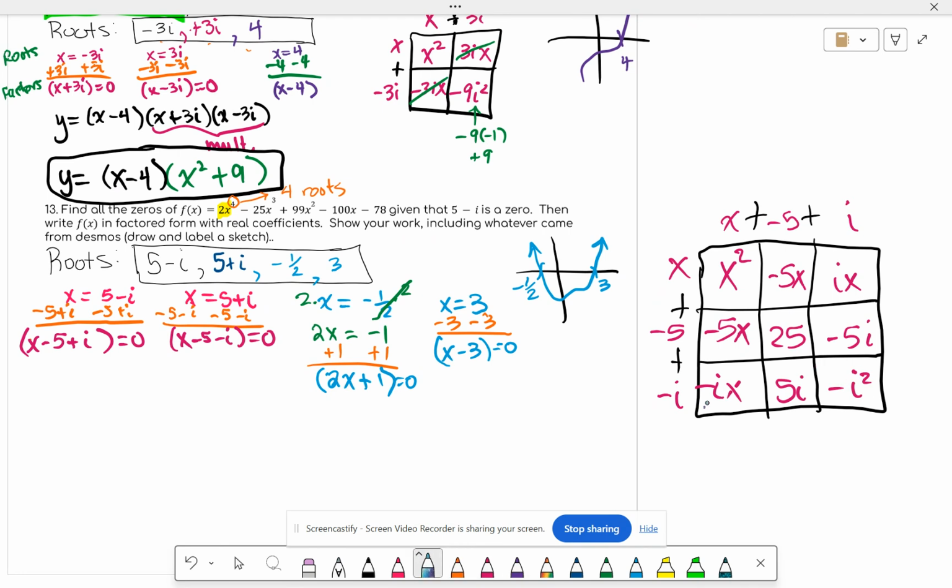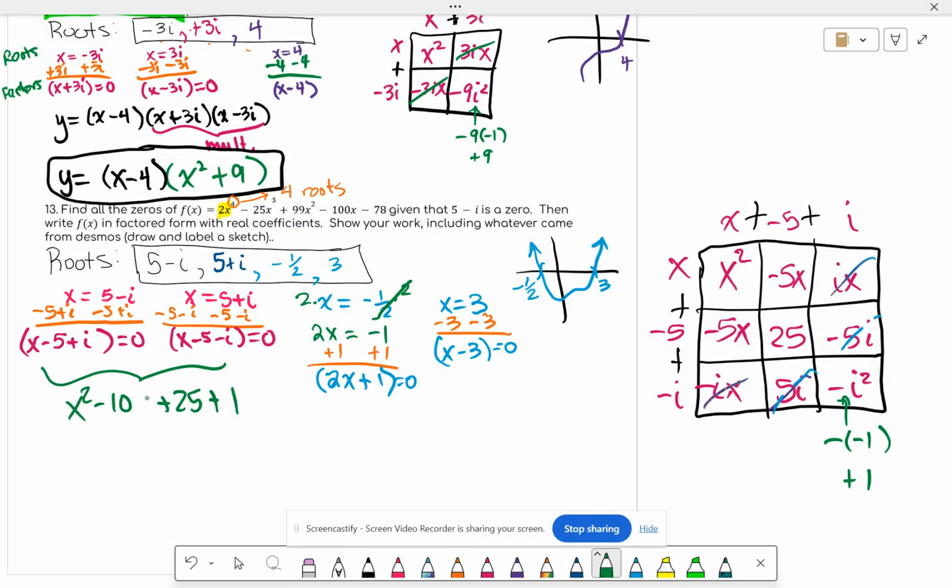So I have a negative ix and a positive ix, a 5i and a negative 5i, and then my negative i squared is really -1 or +1. So when I multiply those, I get x squared minus 10x plus 25 plus 1.